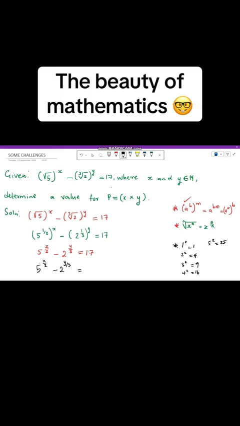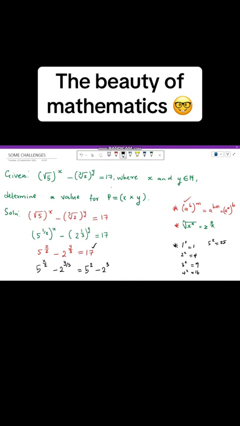If I take 5 squared minus 2 cubed, this is something like 25 minus 8. And what is 25 minus 8? So let's double check that. 25 minus 8, that is going to give us 17.